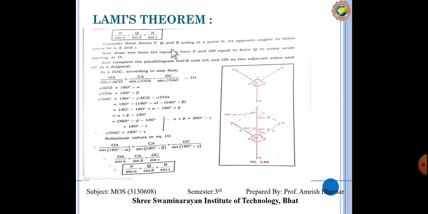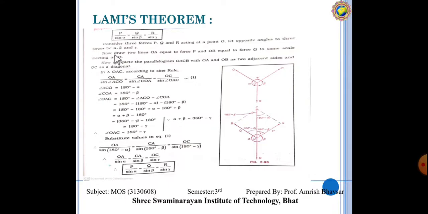So the equation formed from the sine rule is P upon sine alpha equal to Q upon sine beta equal to R upon sine gamma. Now consider that the forces P, Q and R are acting at a point O, with the opposite angles to the three forces being alpha, beta and gamma.